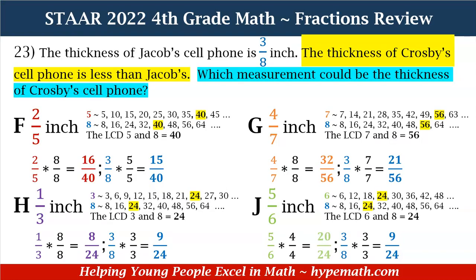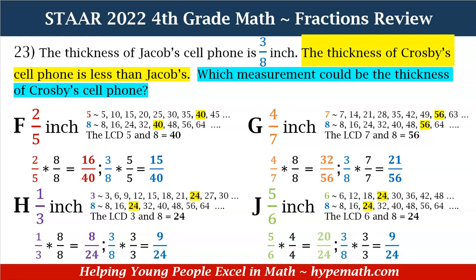Number 1, I need to remember that the thickness of Crosby's cell phone is less than Jacob's, and also I need to convert my fractions so that I can compare and discover which answer choice is the correct one for the thickness of Crosby's cell phone.